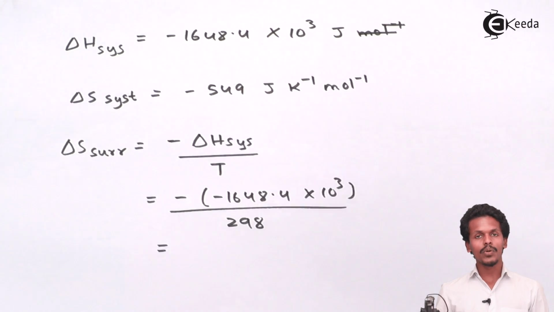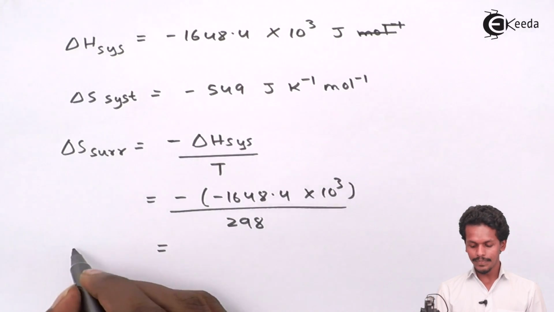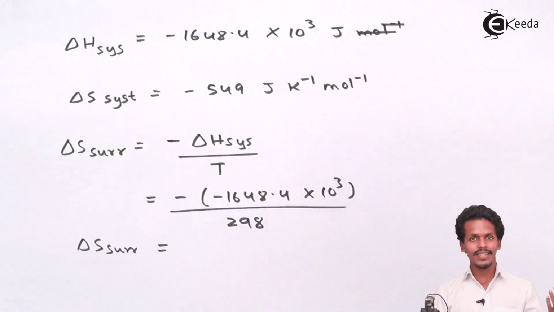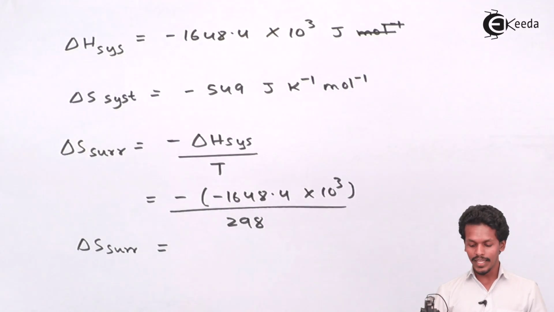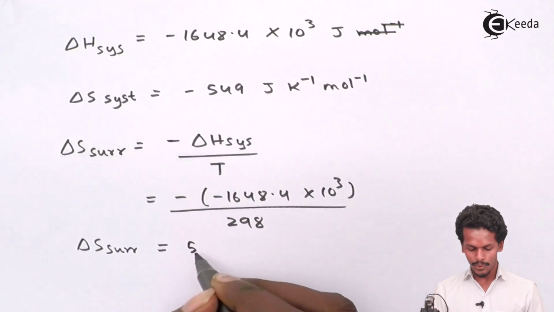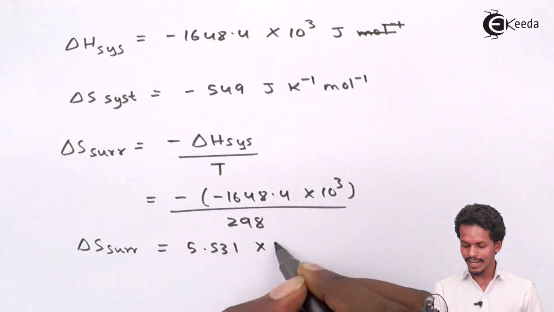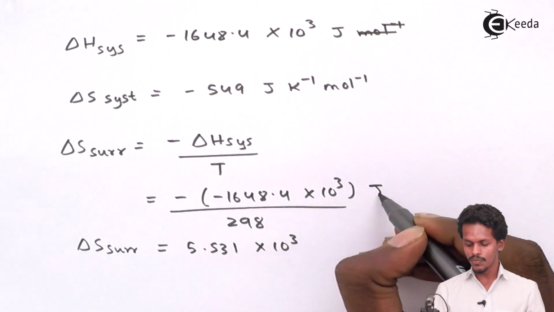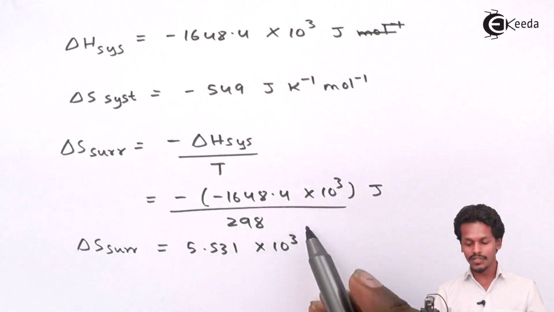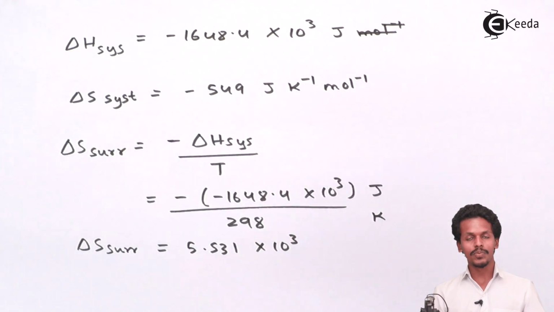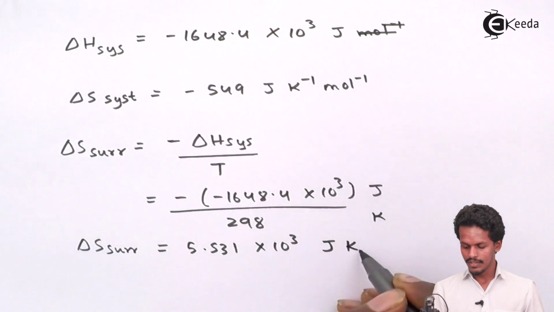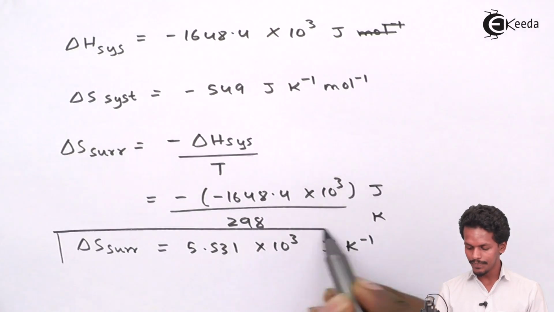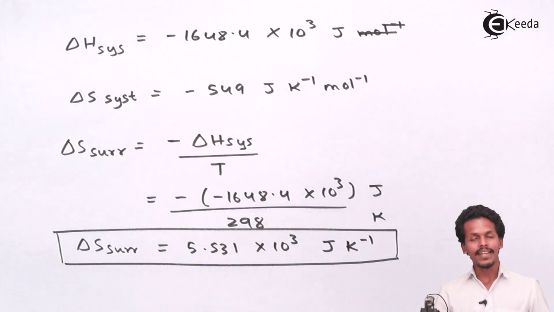On that basis, we could estimate the entropy change of the surrounding. So in this case, the change in the surrounding will be calculated as 5.531 into 10 raised to 3. And for the system the unit was found to be joules, and since temperature is also present here, joules per Kelvin will be the unit for the entropy of the surrounding that we have.